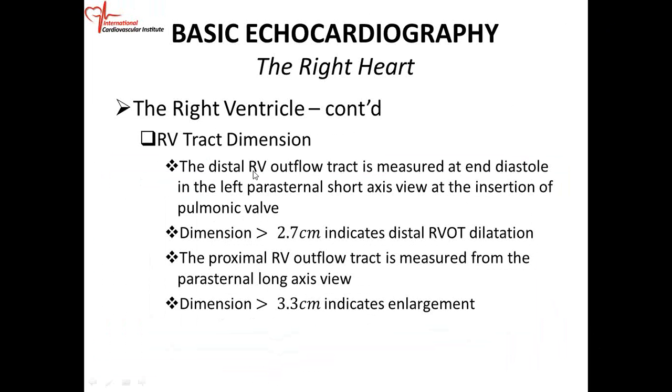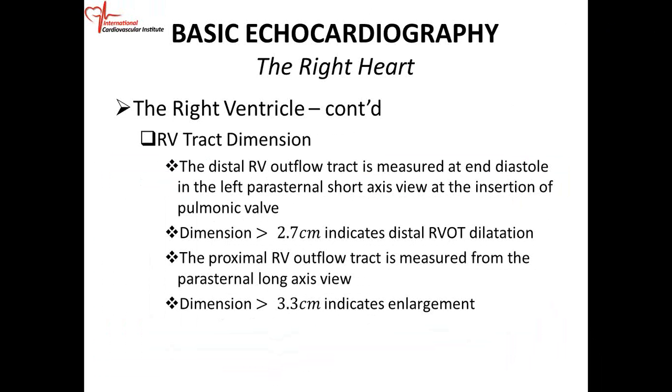Again, the distal RV is measured at the end diastole in left parasternal short axis at the insertion of the pulmonic valve. So you have to know where that measurement is done. And again, if it's more than 2.7, it indicates distal RVOT dilatation. And then if you're going to do the proximal measurement, if it's greater than 3.3, it indicates dilatation of the proximal RVOT.